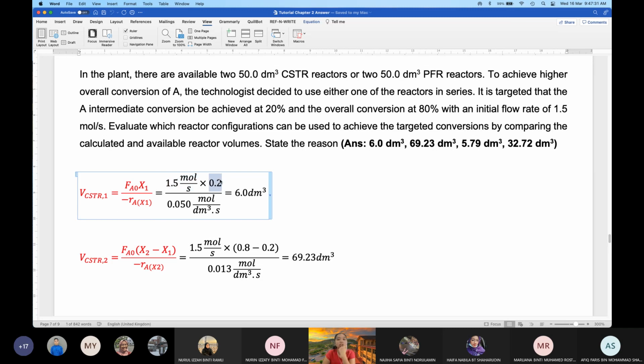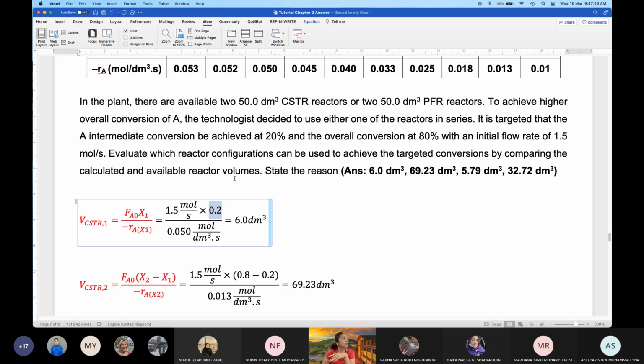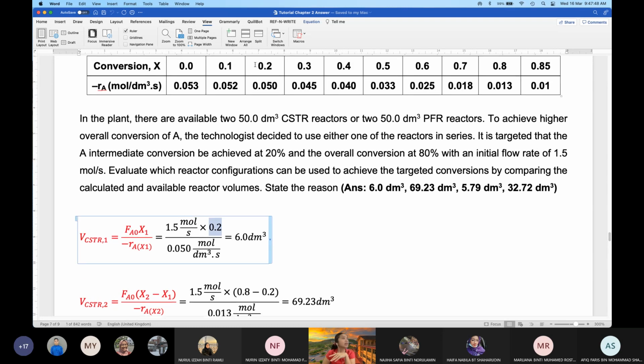X1 is 0.2, your conversion at the first reactor, the intermediate conversion, divided by minus RA when your X is 0.2. You look at the table, it's easy to read: when X is 0.2, minus RA is 0.050.